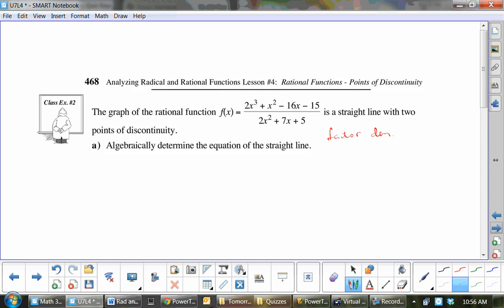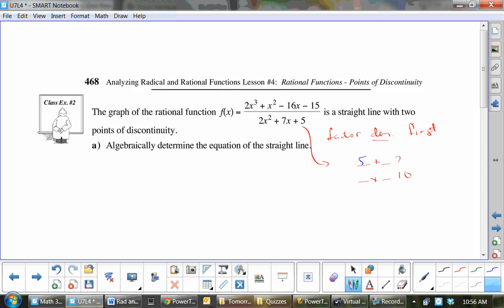Denominator first, or bottom, whatever you want to call it. Because that's going to give me hints on what things I can put into my synthetic division at the top. So, I'm going to factor the bottom. I'm looking for two things that add to give me 7 and multiply to give me 10.